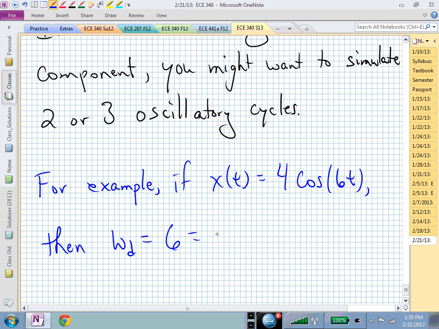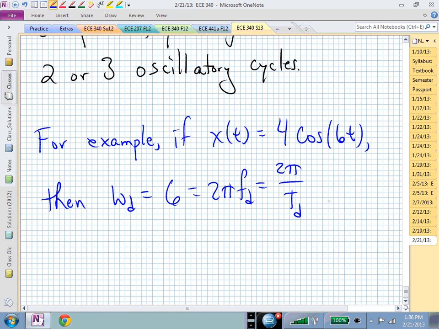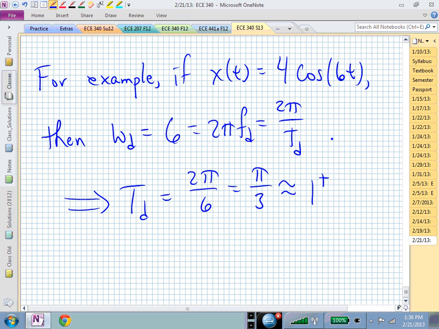That's 6, which is 2 pi f sub d, which is 2 pi over T sub d. T sub d is now 2 pi over 6, which is roughly 1, isn't it? It's a little bit bigger than 1. Let's just say it's a little bit more than 1.